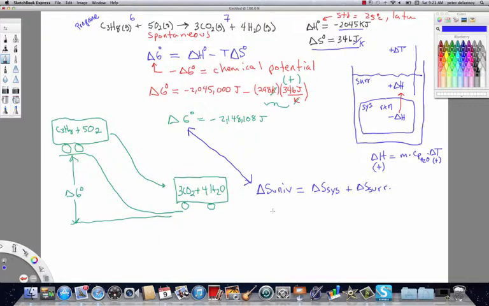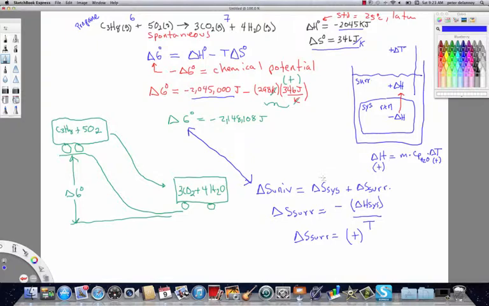And remember that delta S of the surroundings is equal to the negative of the delta H of the system divided by absolute temperature. In this case, delta H of my system is a negative number, and it's large in magnitude.